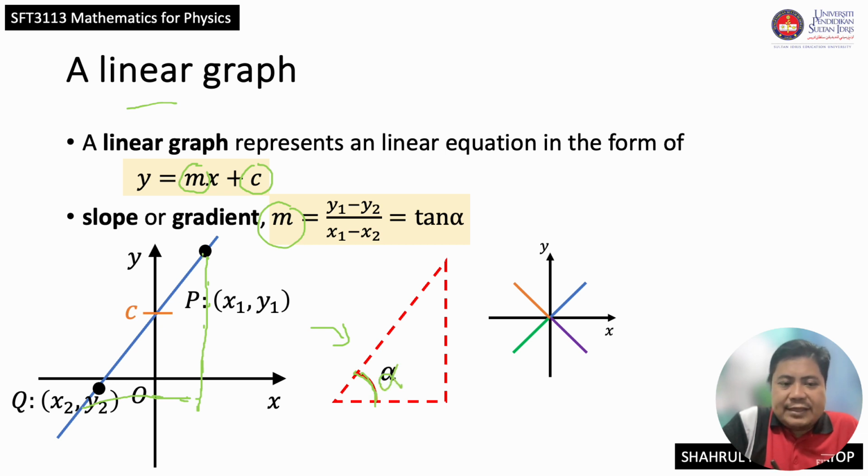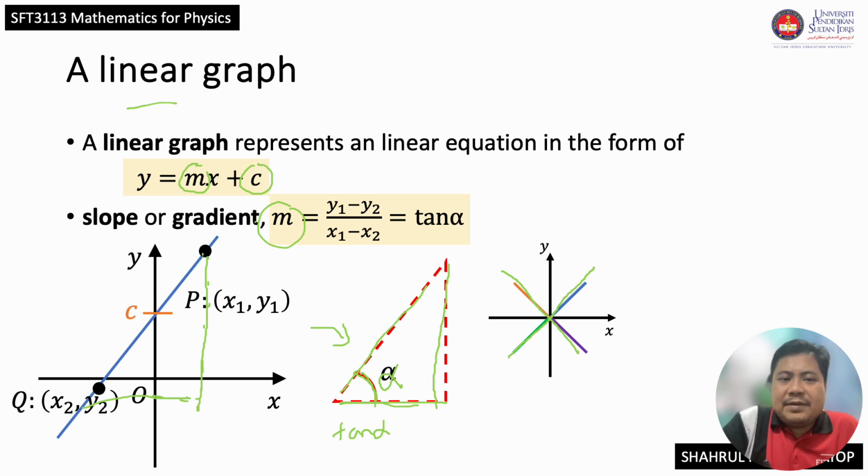If we take the tangent of alpha, which is equal to this adjacent length and this base length, we can find out that the gradient is also equal to the tan of the angle made by this hypotenuse and the base. All right, so the slope can be positive if it is in this direction, and it can be negative.